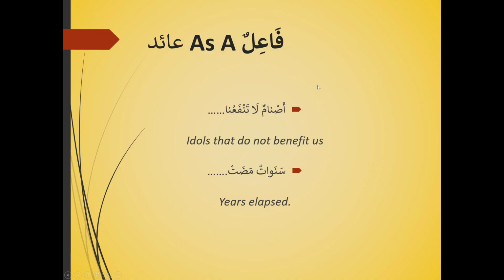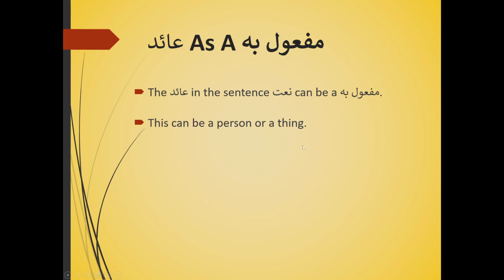Not worried about fa'ilun. Then as maf'ul bihi, yes, as maf'ul bihi, the ayat can also be a maf'ul bihi when the na'tun comes as a sentence. Yeah, so it can be a person or a thing, that's obvious. And here we saw it in the earlier slide, yeah, ra'aytuhu.